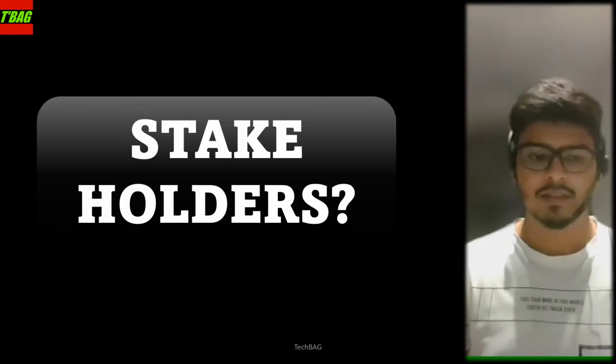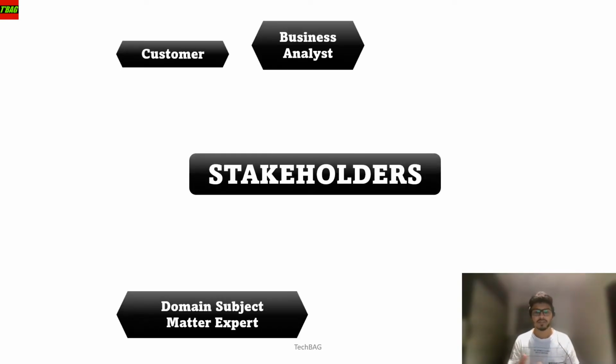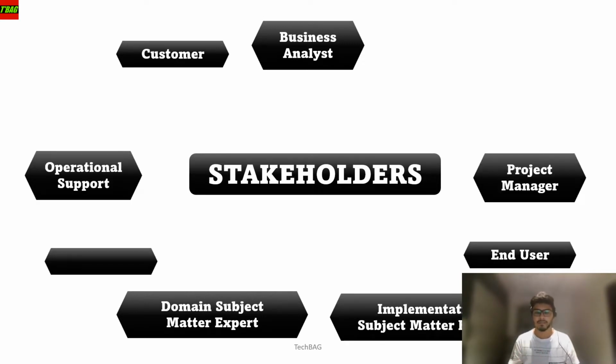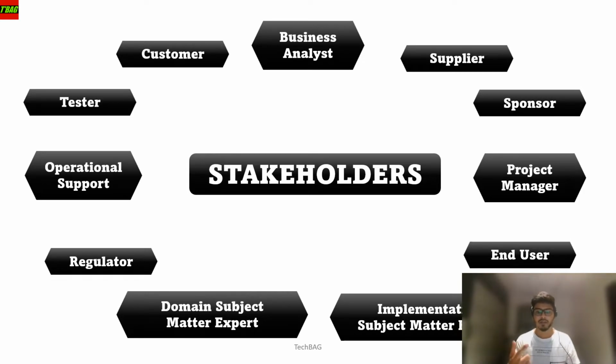So let's look at the types of stakeholders. There are so many types of stakeholders you would obviously see on the screen, but we will go in a step-by-step manner in order to understand the different types of stakeholders which we have in our particular guide. So let's look at some of the key stakeholders here.